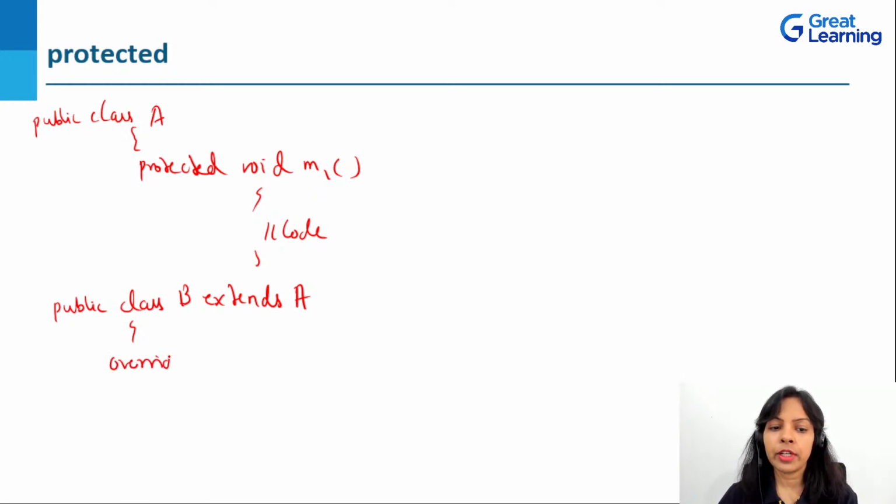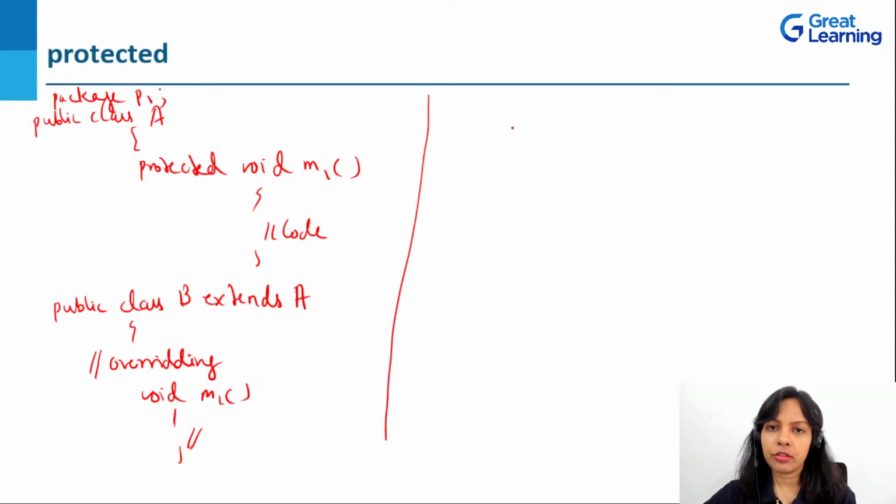You can use the overriding concept and override the method m1, and provide its own implementation. Clear? Now suppose this is package P1. Now in some other package, somewhere else, I want this method m1 to be accessed. How can I? Let's see.